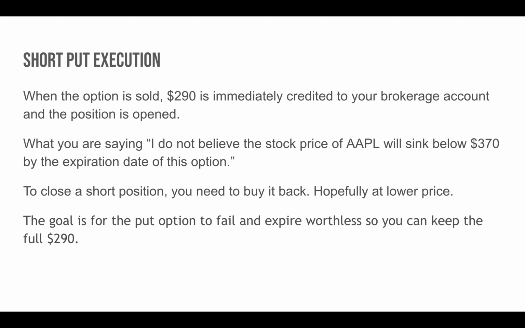What you are saying is that I do not believe the stock price of Apple will sink below 370 by the expiration date of this option. To close the short position, you need to buy it back, hopefully at a lower price, and the goal is for the put option to fail and expire worthless so that you can keep the full $290.